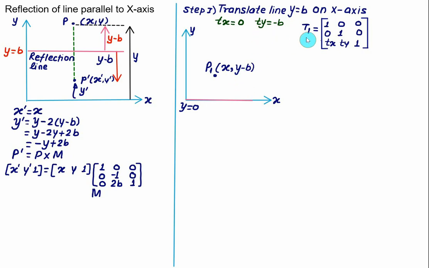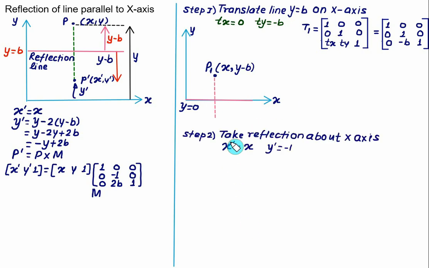The translation matrix is 1 0 0, 0 1 0, tx ty 1. So you put tx as 0 and ty as minus b. The translation matrix is 1 0 0, 0 1 0, 0 minus b 1. After the translation, the new line is y is equal to 0, so you can take the reflection of the given point P1 about the x-axis.